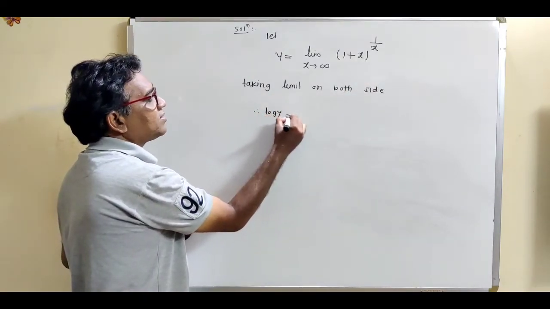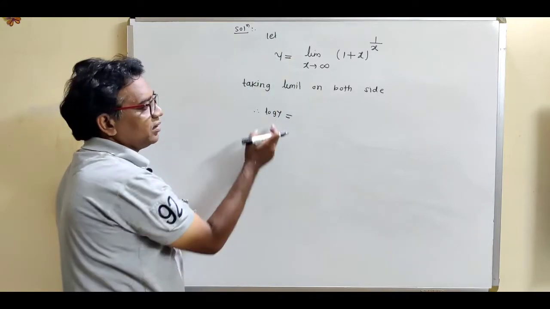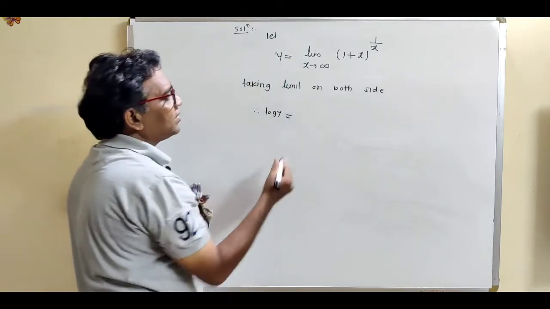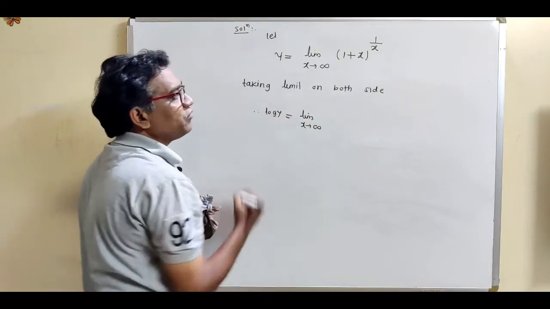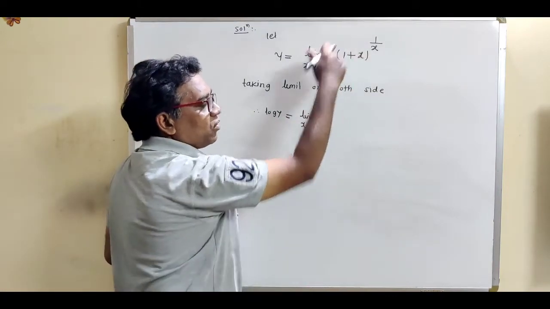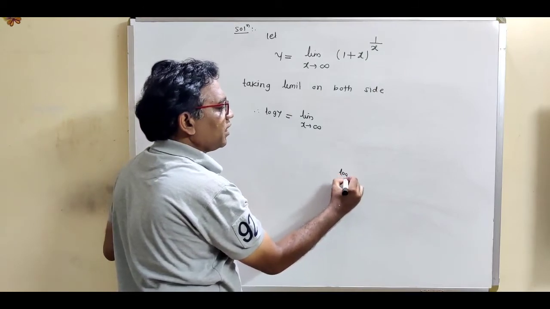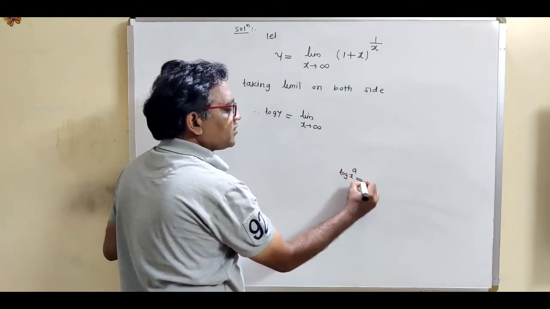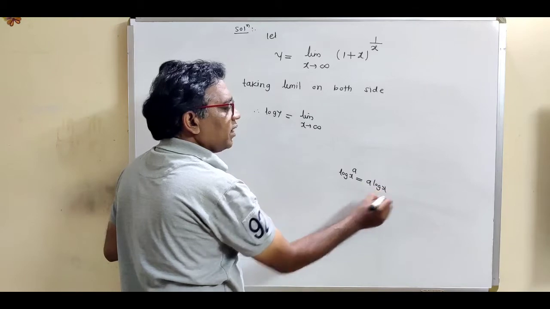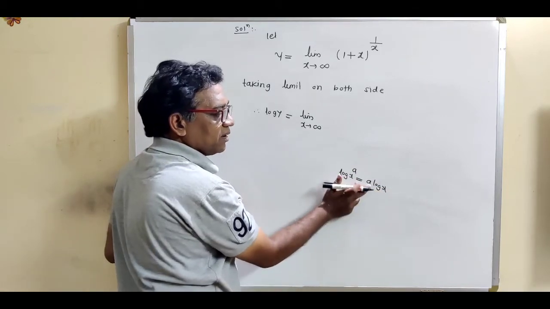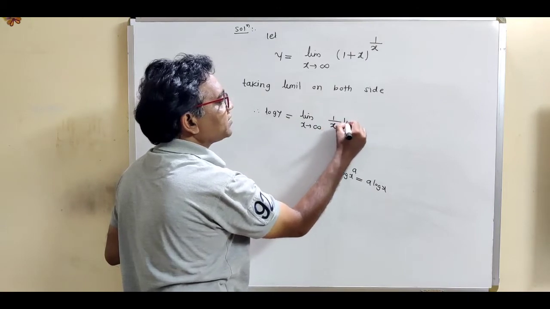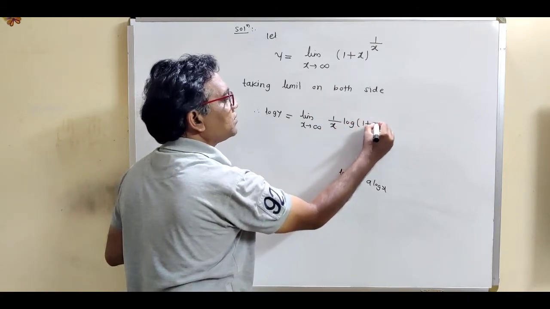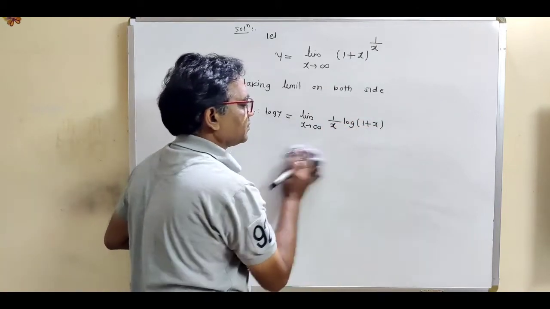Log y is equal to, this is our left hand side term y, so just take the log. Log y is equal to the limit as x tends to infinity. Now if you take the log on the right hand side, this is the formula: log x raised to a is given by a log x. Just transfer this exponent to the front. So this is 1 upon x times log of 1 plus x.